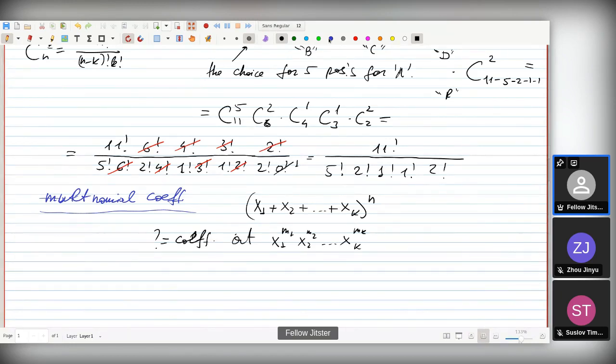First of all, can you say something interesting about these powers, m1, m2, mk? After all, this is the product of n copies of this sum. Is it clear? Yeah. So what should be true for these m's, given our coefficient is not zero?